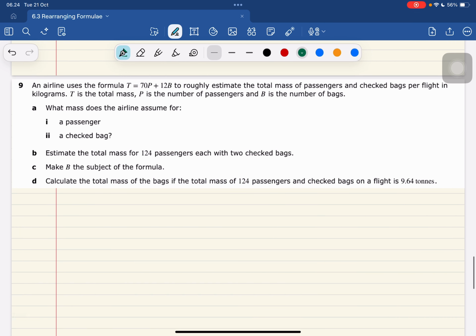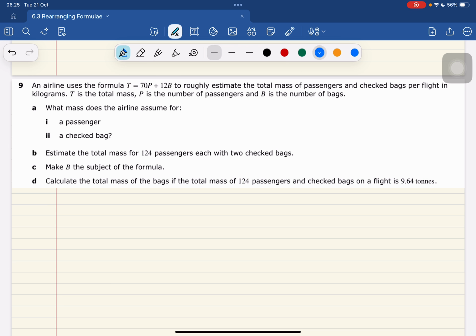Okay, number B. An airline uses a formula to estimate the total mass of the passengers and checked bags for a flight in kilograms. T is the total mass, P is the number of passengers, B is the number of bags. What mass does the airline assume for a passenger and a checked bag?